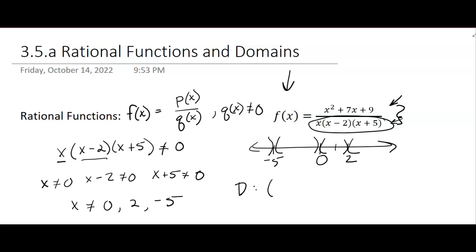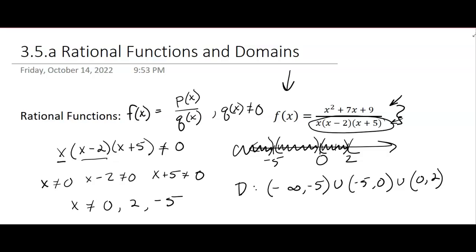The domain is going to be from all these numbers, negative infinity to negative 5, don't include the negative 5, union all these numbers, the ones in between negative 5 and 0, but not 0. And then all these numbers, the numbers between 0 and 2, those are all good.